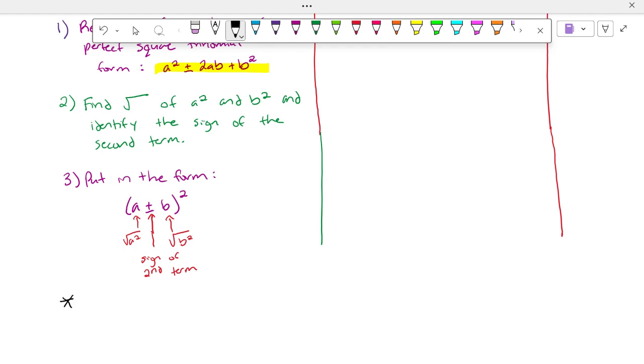Now, I would make a note here that you can factor using the AC method.